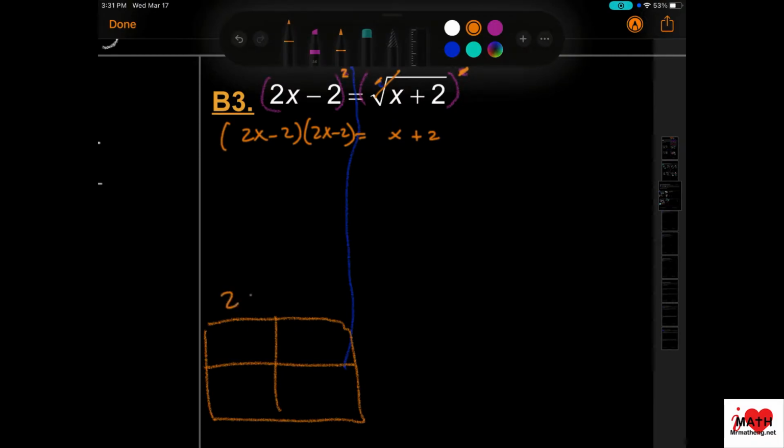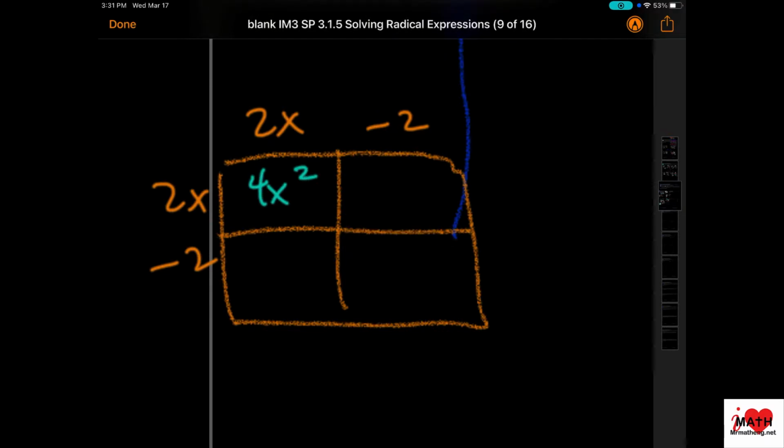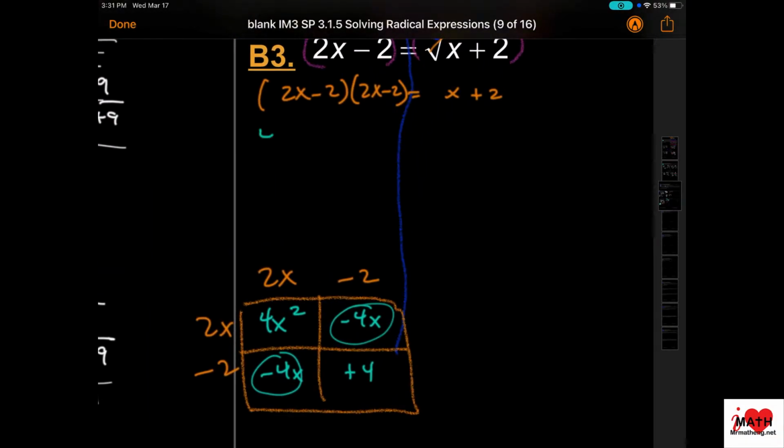You're going to have 2x minus 2, 2x minus 2, and we're just going to multiply here. 2x times 2x is going to be 4x squared. 2x times negative 2 is going to be negative 4x. 2x times negative 2 is going to be negative 4x. And negative 2 times negative 2 is positive 4. If I add those two together, that'll be negative 8x. So you'll have 4x squared minus 8x plus 4 equals x plus 2.